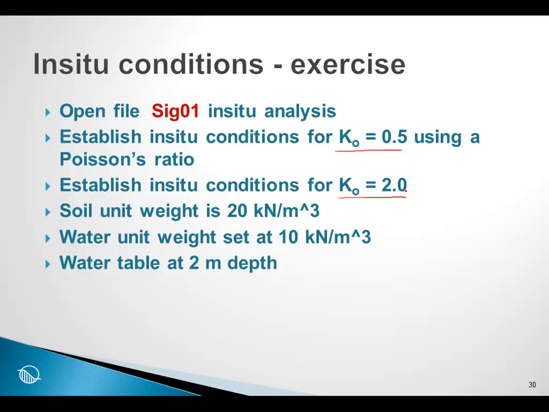We're going to use a unit weight of 20 kilonewtons per meter cubed, and you will see that in this file the unit weight of water has been set to an approximate 10 kilonewtons per meter cubed. This is again for convenience with checking with hand calculations. And we'll look at a situation where the water table is 2 meters below the ground surface.